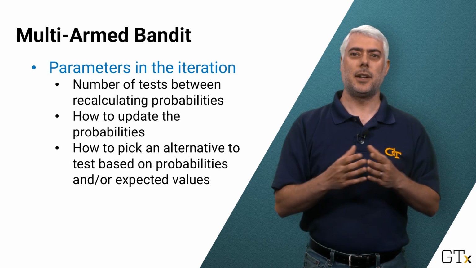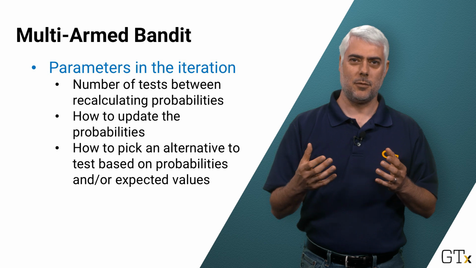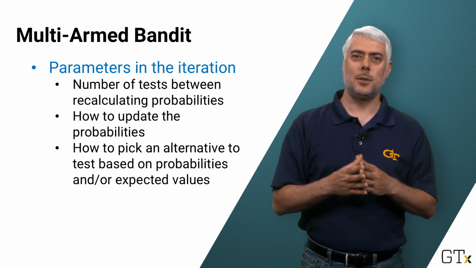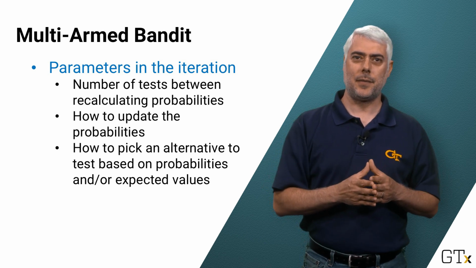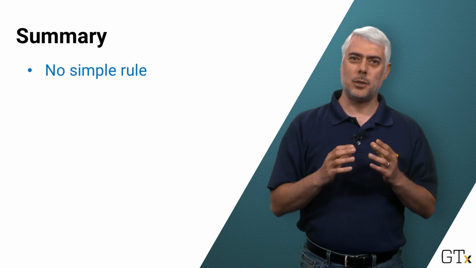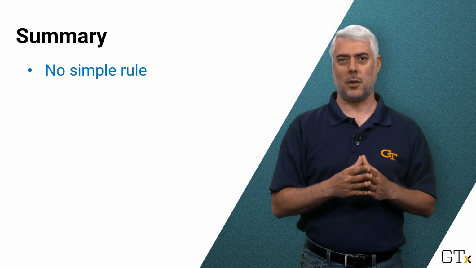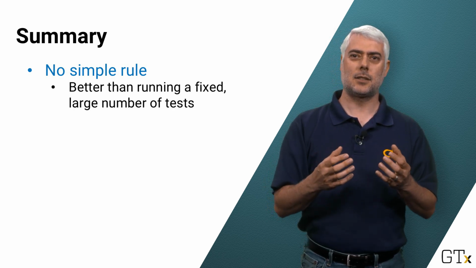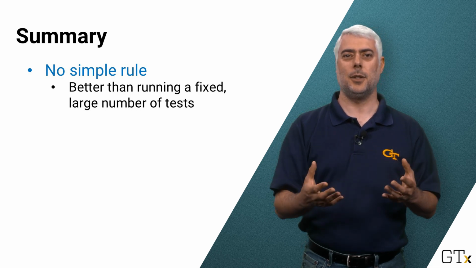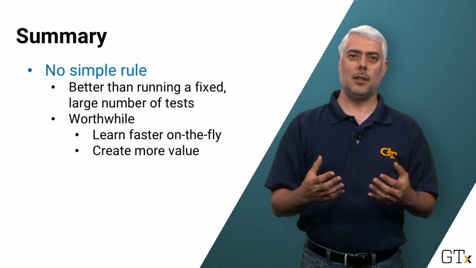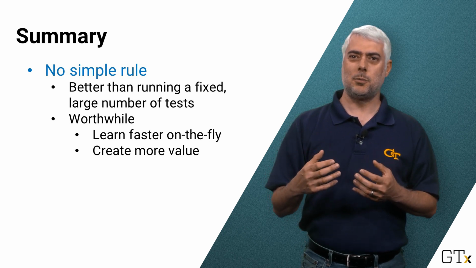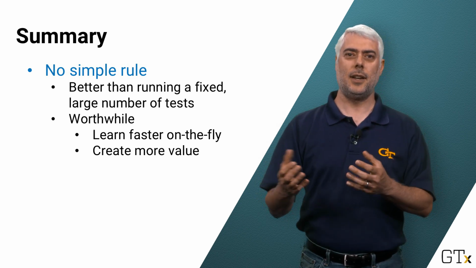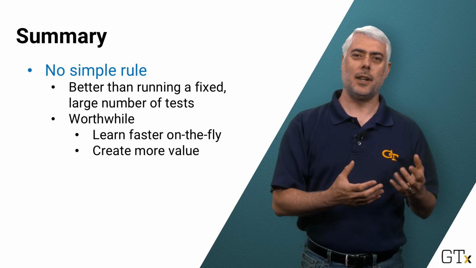For example, just looking at probabilities of each alternative being best, or taking into account the expected value of each. And also, as usual, there's no simple rule for what choices will work best, but in any case, it usually works much better than running a fixed large number of tests for every alternative. And it's worthwhile. Multi-armed bandit models both help you learn faster on the fly and also create more value along the way.